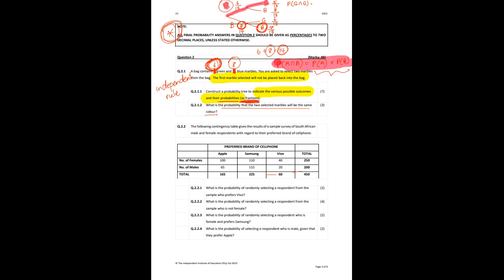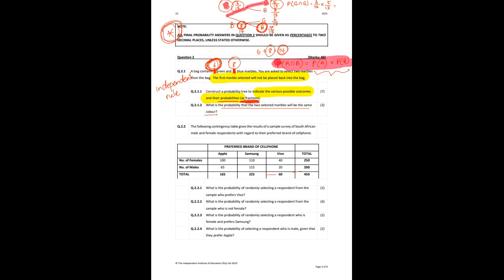If it's a probability of G and G, it's a probability of G times the probability of G again. So it's 6 over 14 multiplied by 5 over 13. And that would give you an answer of 15 over 91.